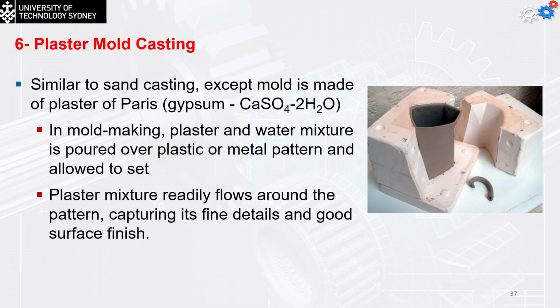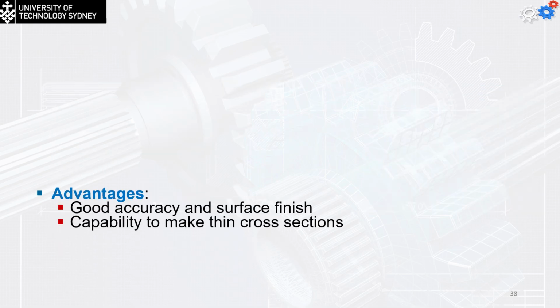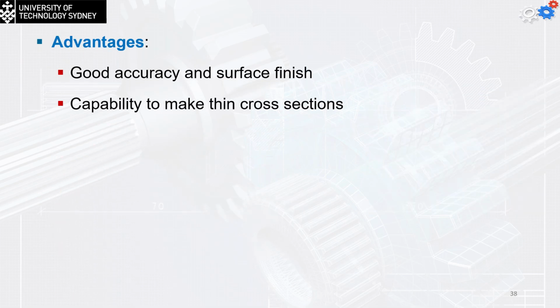The plaster mixture readily flows around the pattern, capturing its fine details and giving a good surface finish. Advantages are good accuracy and surface finishing, and the capability to make thin cross sections.